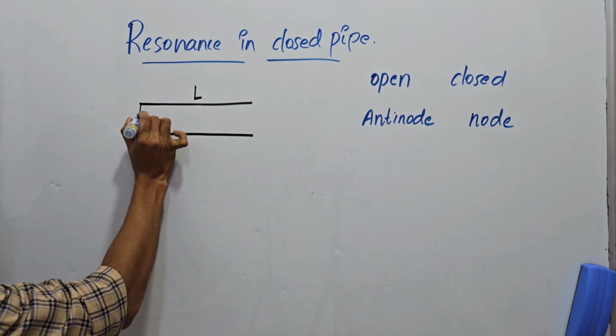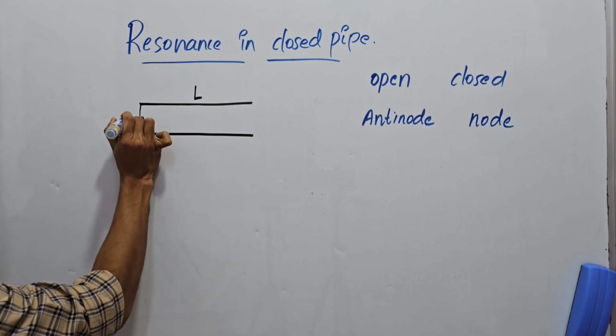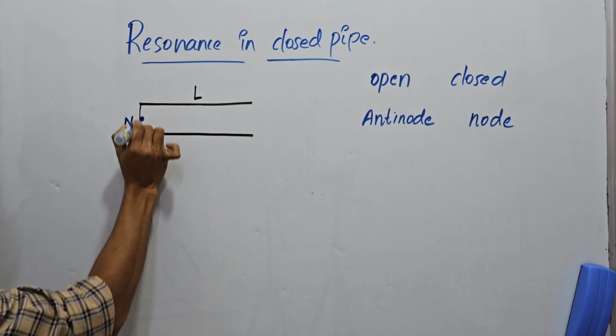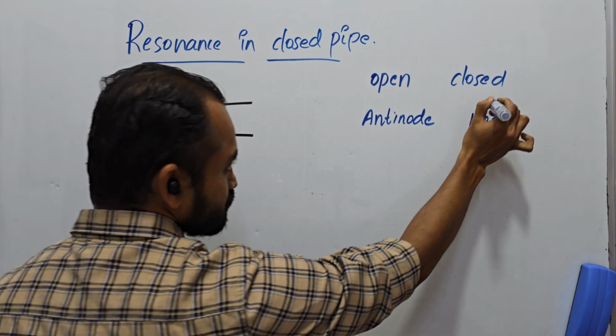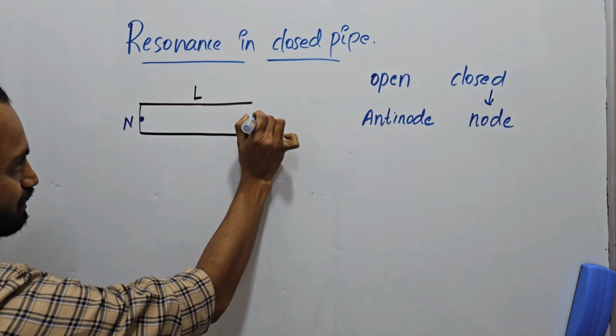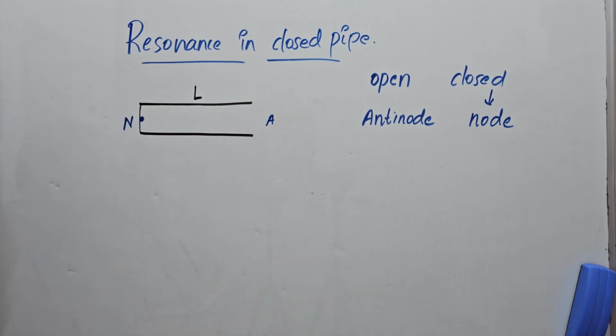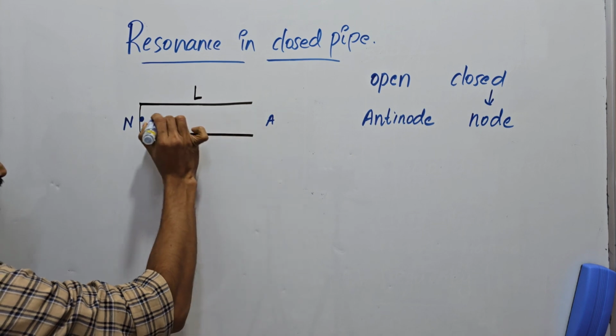So this end must be a node because this is the closed end of the pipe. The closed end of the pipe must be a node. And here what will form? An antinode at this end. So this end must be a node, this end must be an antinode.